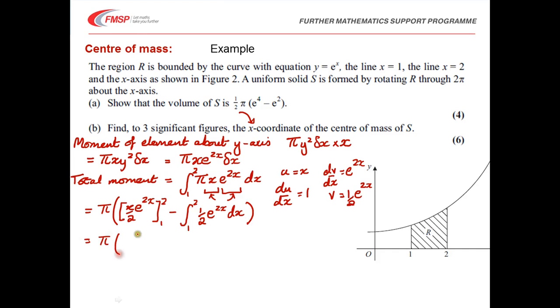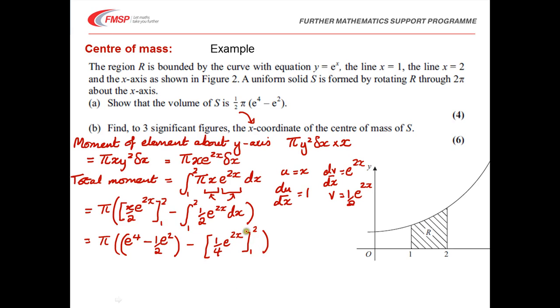So pi times, and putting our limits in here, when I put 2 in here I get 2 over 2, which is 1, e to the 4. When I put 1 in here I get a half e to the 2. When I integrate my half e to the 2x, I'm going to get a quarter e to the 2x between 1 and 2.